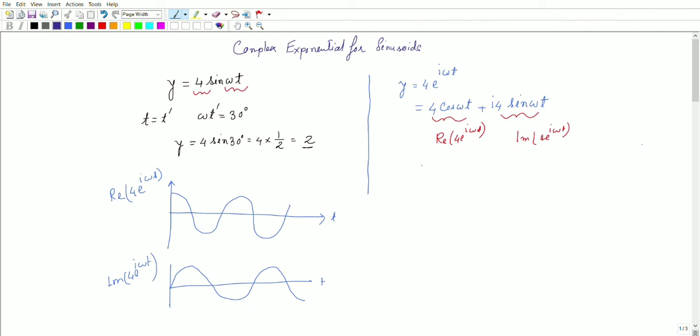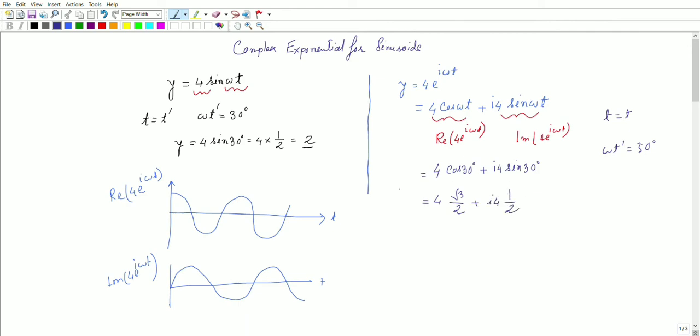Now let us talk about the instant of time t equal to t dash, where the phase angle becomes 30 degrees. If we put omega t dash equal to 30 degrees here, we will have 4 cos 30 degrees plus i 4 sine 30 degrees, which is 4 root 3 by 2 plus i 4 into half.